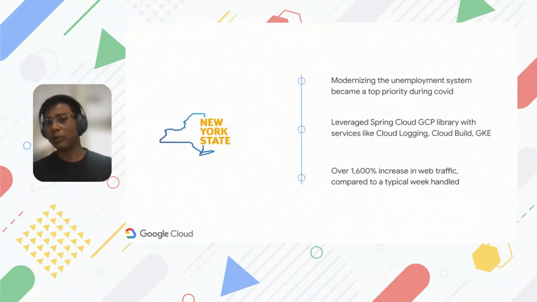This team used the Spring Boot framework from our Spring Cloud GCP library to easily leverage all the services like PubSub, Datastore, Cloud Logging, and so on. And so then they're using Cloud Build for integrated CI/CD, and they use GKE. And they saw a 1600% increase in web traffic compared to the typical week. And this happened really, really quickly, all because of CAMP.